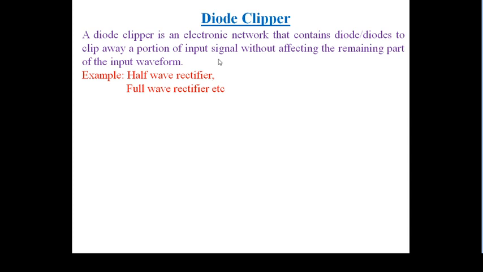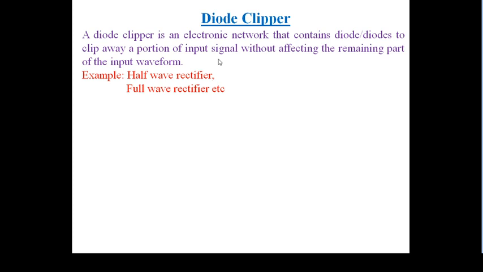Again I am repeating, the diode clipper is basically an electronic network that contains a diode or more than one diode to clip away a portion of an input signal. We are just clipping some portion. In the half wave, we are clipping the negative half cycle of an input signal without affecting the remaining part.